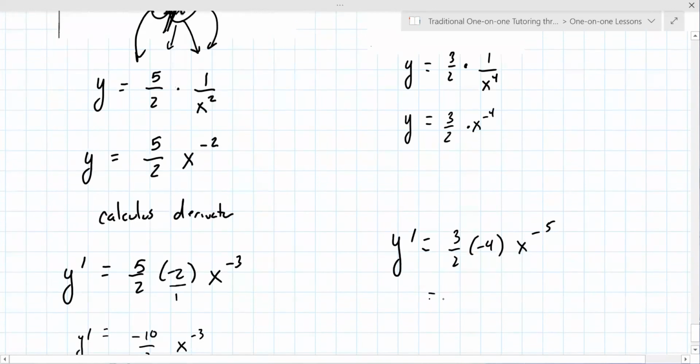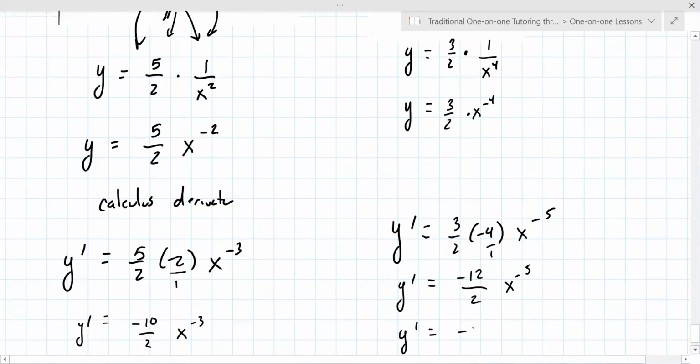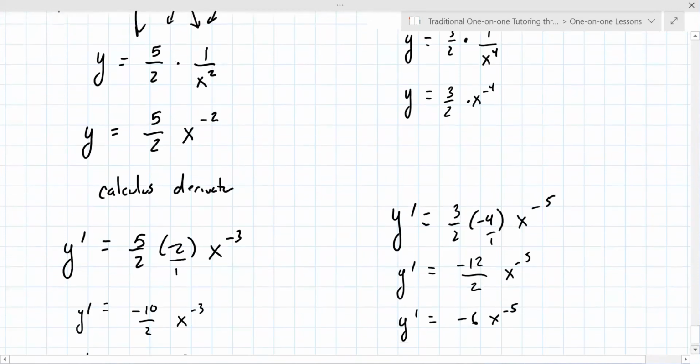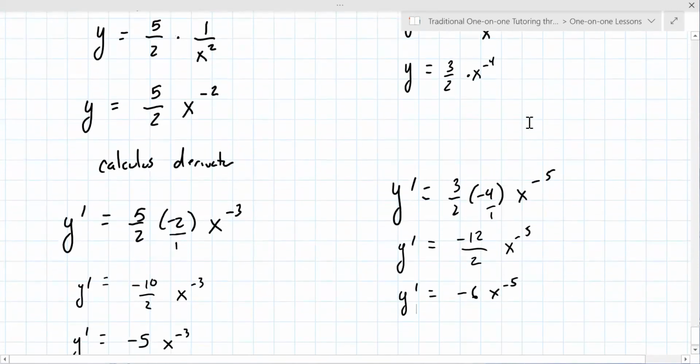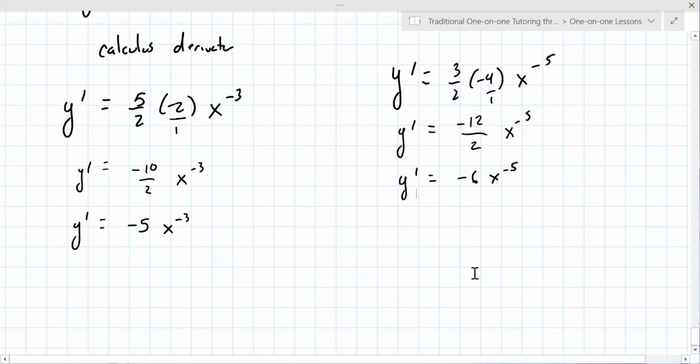And over -5, yep. So like -12/2, because you multiply the tops. So then you're -6x to the -5. I have to simplify the fraction. Yes. So I can't write the fraction as the answer. No. Your instructor will be unhappy with you if you do that.